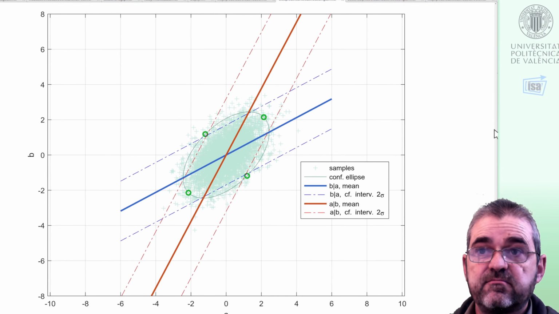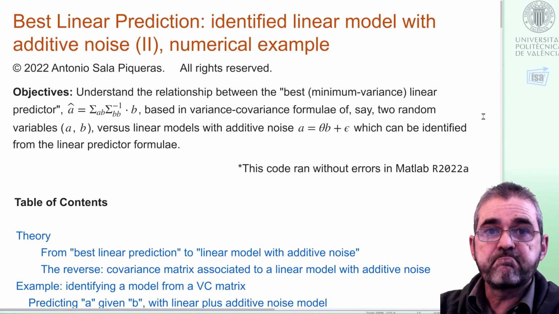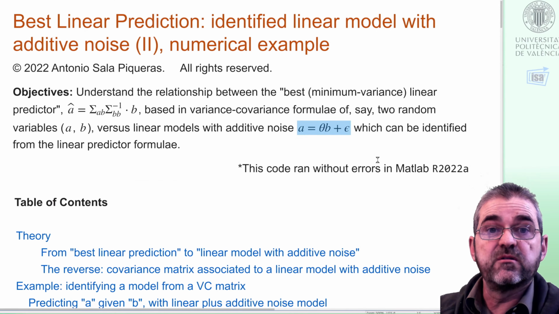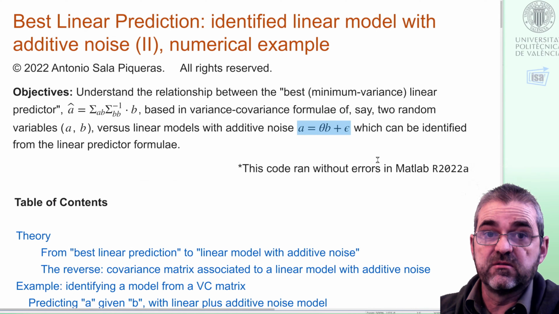So let us summarize. In this video, we made a numerical example on the relationship between a covariance matrix and associated linear models with additive noise. We saw that there are two of those models when I have two scalar variables.